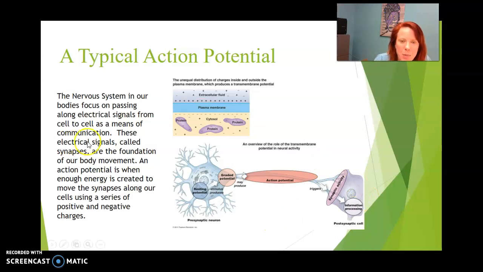And that is typical when you're dealing with energy or any type of cellular process. So we need an action potential. And essentially, an action potential is a change in the positivity and negativity of the surroundings.